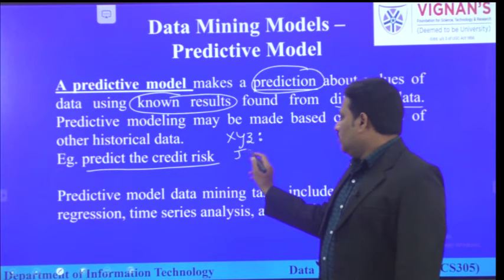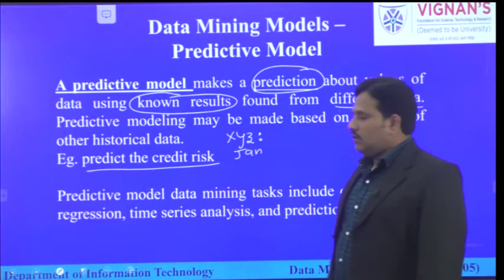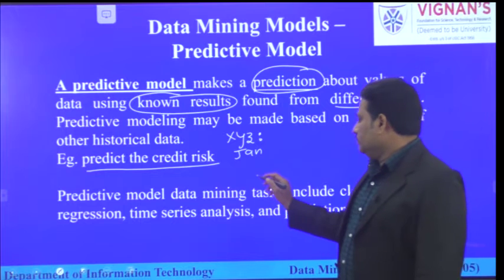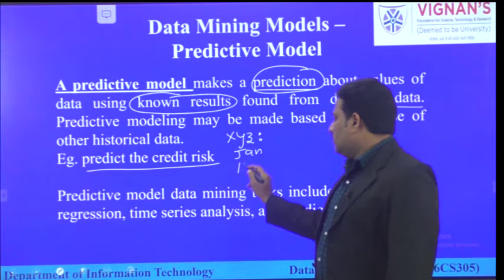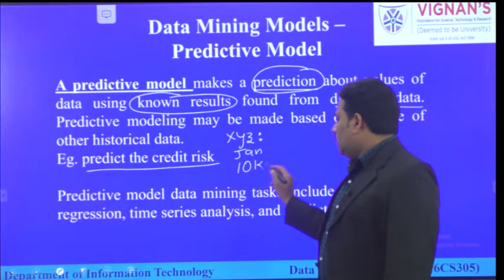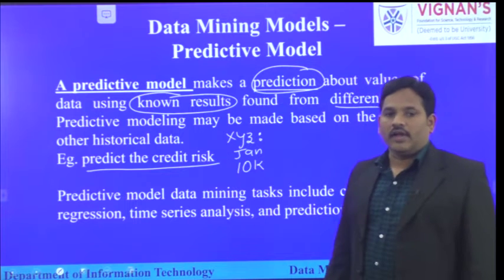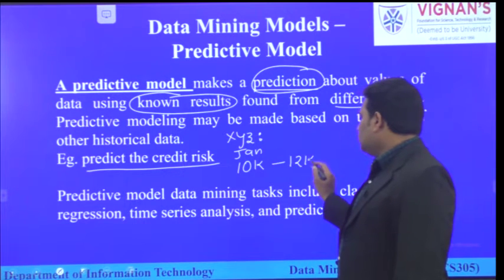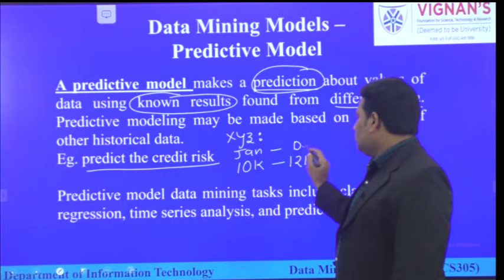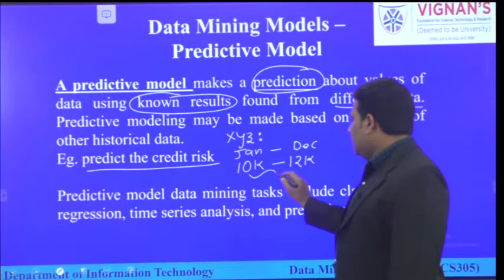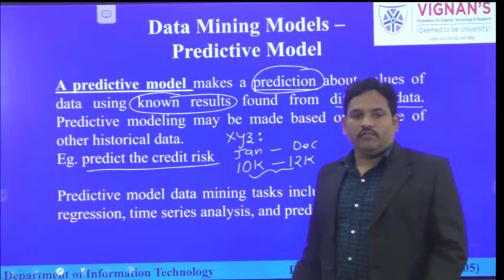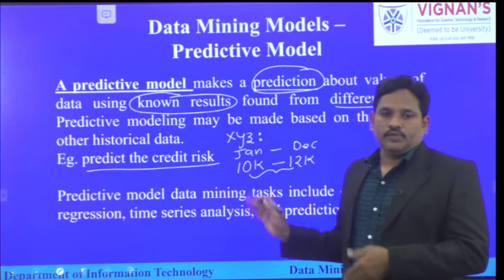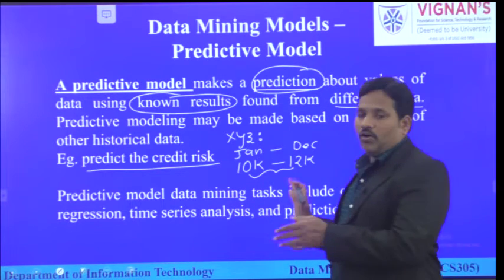In the first week of every month, he or she is performing some transactions. Let us take that he or she is using the credit card on an average 10,000 to 12,000 rupees for shopping from January to December. That means the average range of shopping varies from 10,000 rupees to 12,000 rupees. It is a normal case.